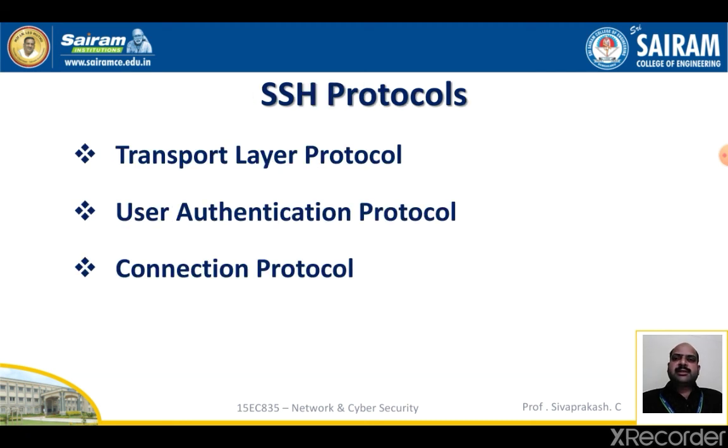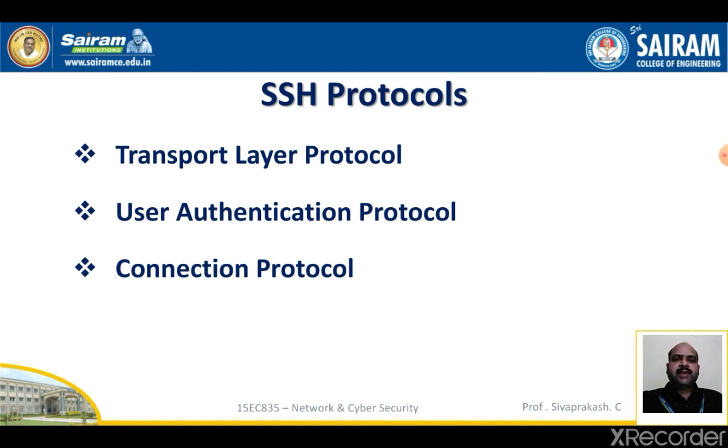Here SSH is organized as three protocols that typically run on top of TCP as the transport layer protocol: the transport layer protocol, the user authentication protocol, and the connection protocol. The transport layer protocol provides server authentication, data confidentiality, and data integrity with forward secrecy.